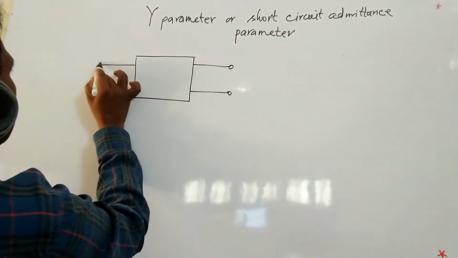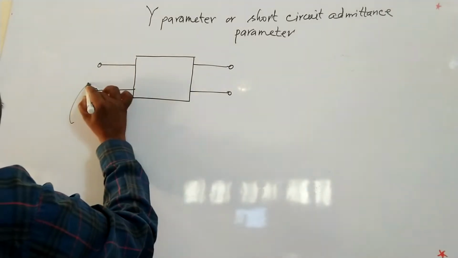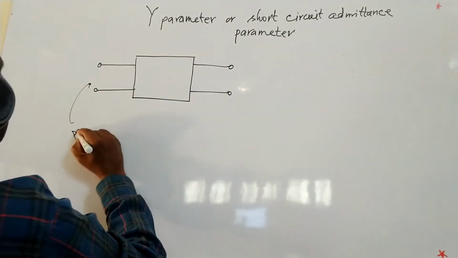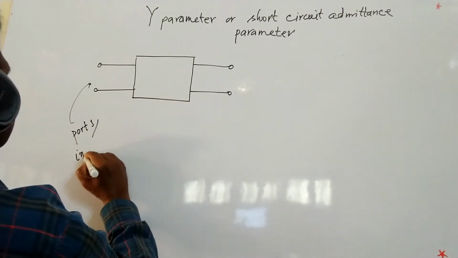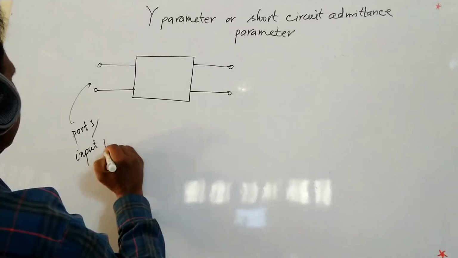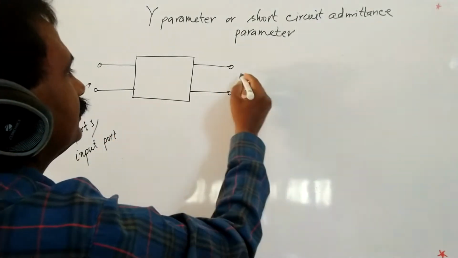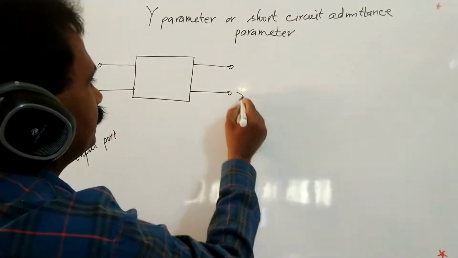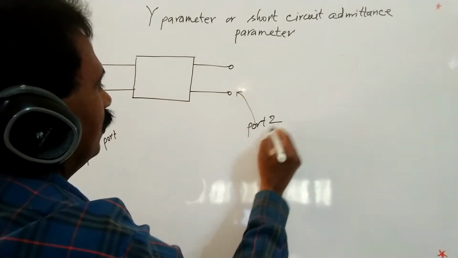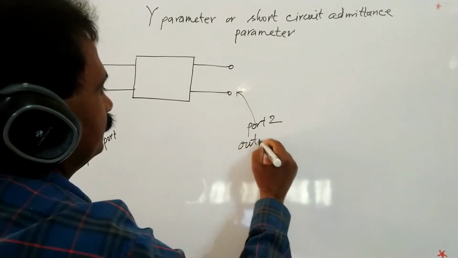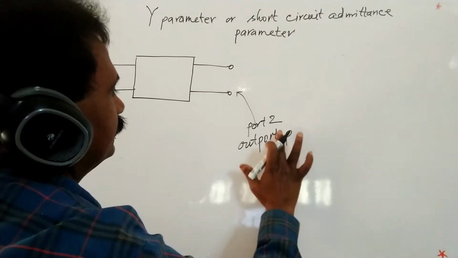This one is port number 1, or port 1, or the input port. This one is port 2, or the output port.